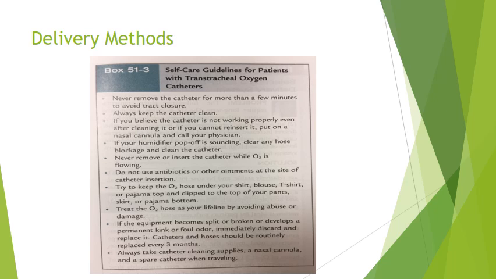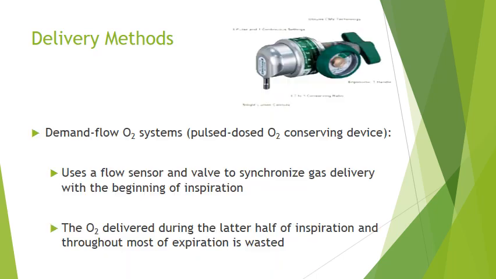The next delivery method I'm going to talk about is the demand flow O2 system. An example of that is the pulse dose O2 conserving device. It uses a flow sensor and valve to synchronize gas delivery with the beginning of inspiration.